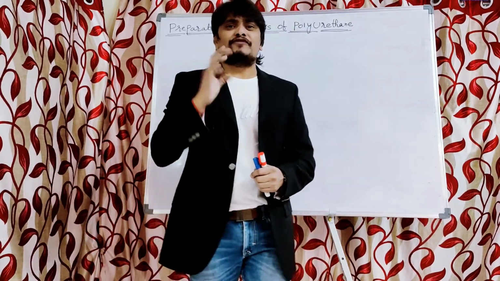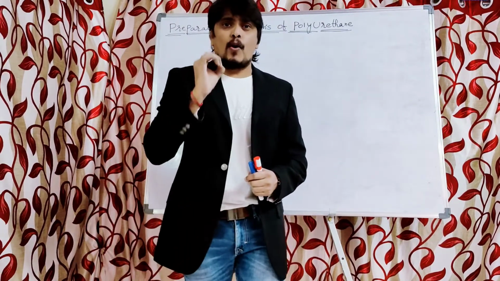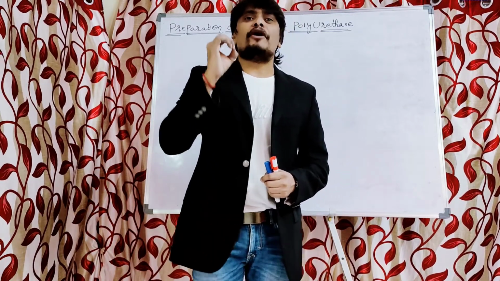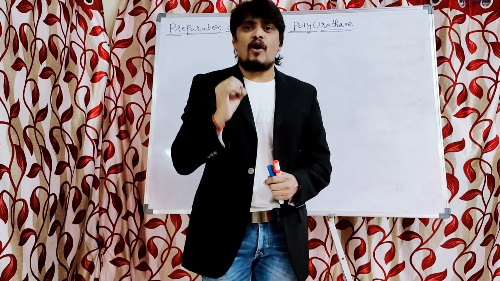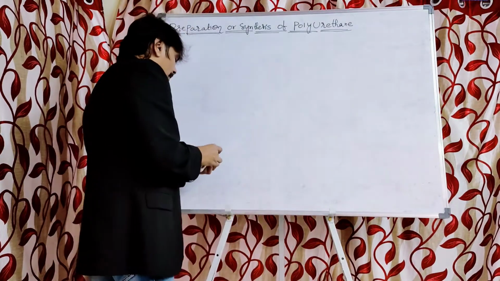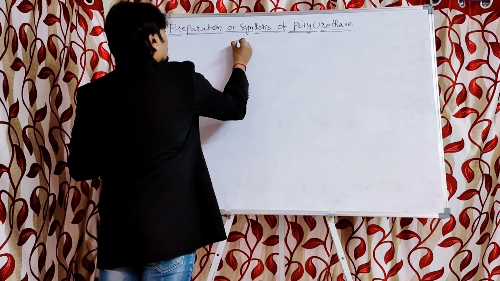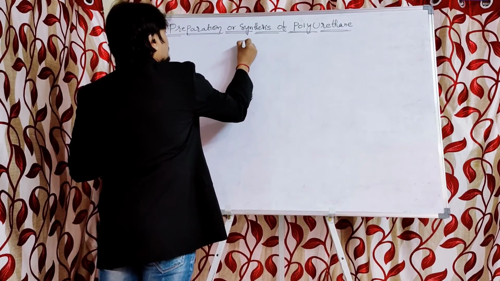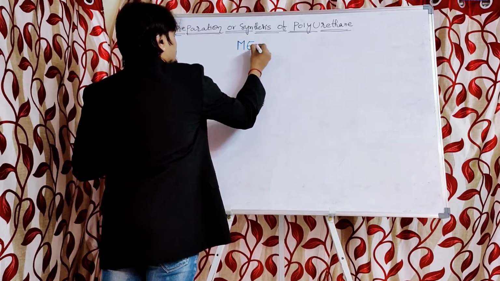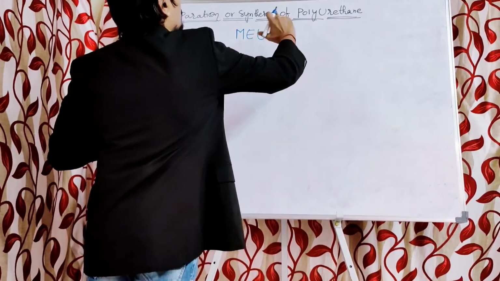If you remember this word, it is very easy to remember the starting materials or monomeric units required for the preparation of the polymer polyurethane.